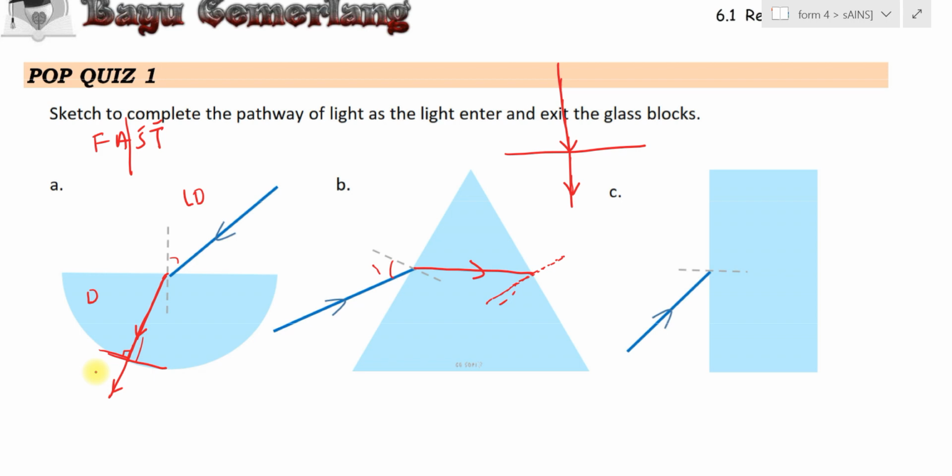Sekarang kamu punya I macam ni. Okay, ni normal kamu. Ni I kamu sekarang. Jadi sekarang kamu kena dari denser medium, kamu nak pergi less dense, you kena away from the normal. So susah sikit ni. Tapi saya cubalah. Dia kena besar kan. Okay, jadi macam tu. R dia besar.